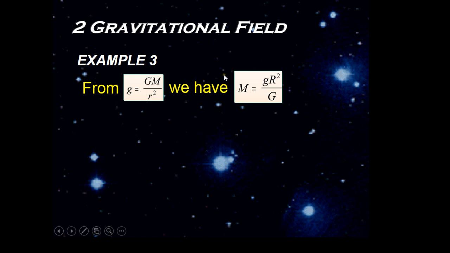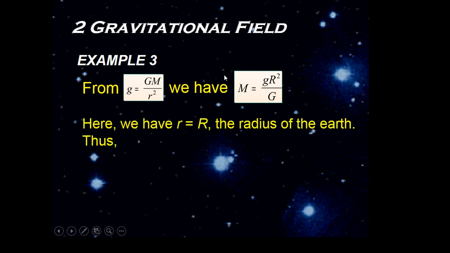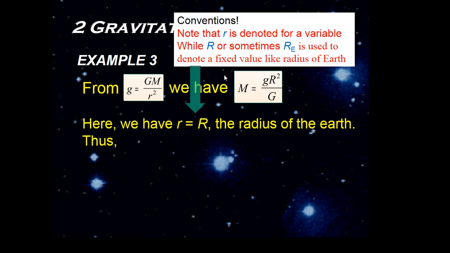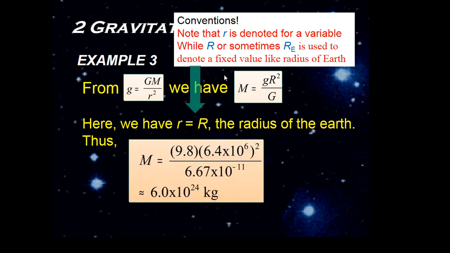Right, so next, the rest is just substitution. Right, and you get this. So these are the conventions. r is usually denoted for a variable. R or R_E is to denote a fixed value, like the Earth. Okay?